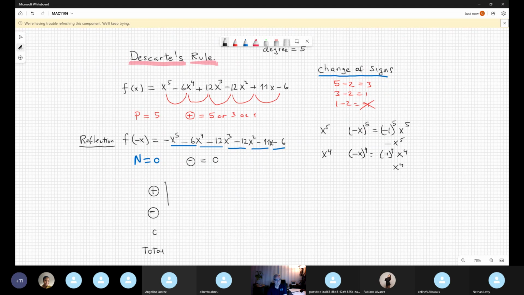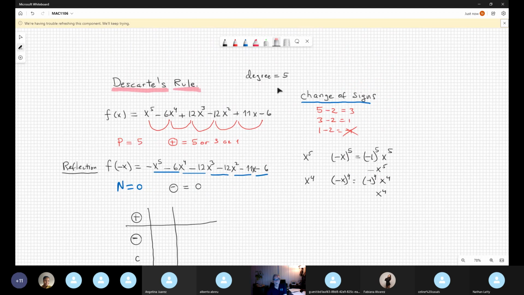How many zeros do we expect when we finish this problem? Well, the degree is 5. So we have degree 5. Therefore, I suppose that we have 5 zeros. So the total is 5.